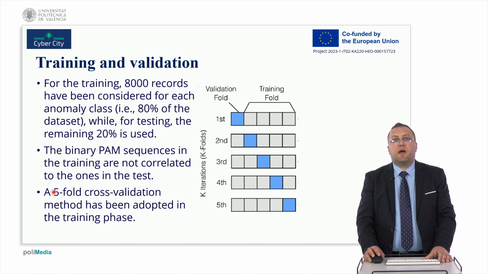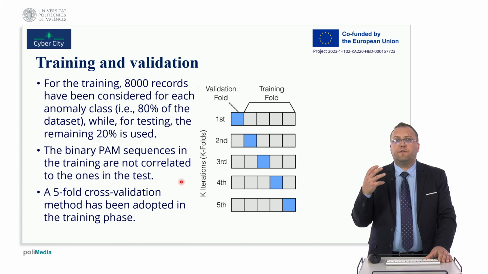So the binary PAM sequences in the training are not correlated to the ones in the test. This is important to remember. And a 5-fold cross-validation method has been adopted in the training phase.